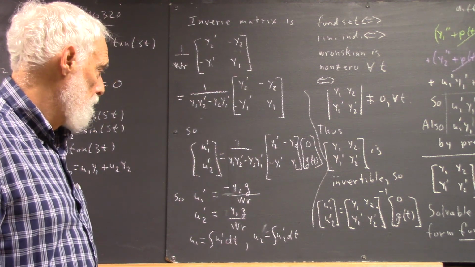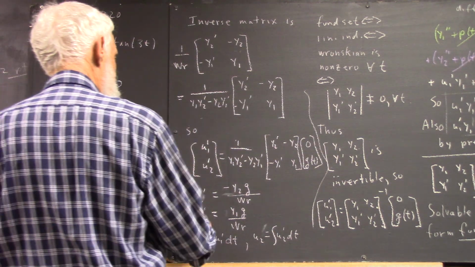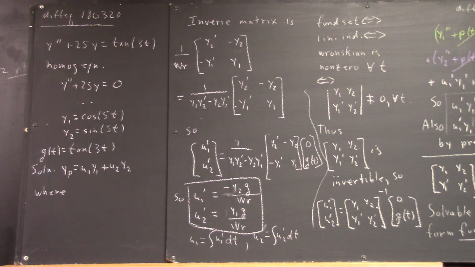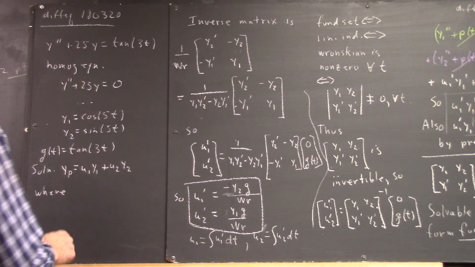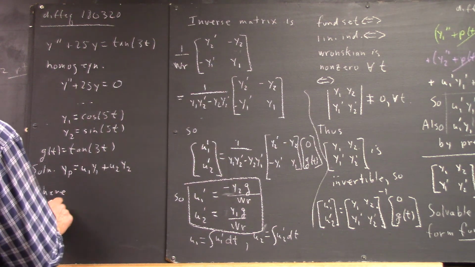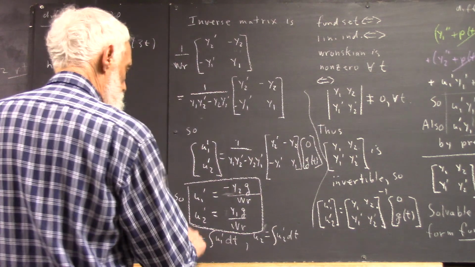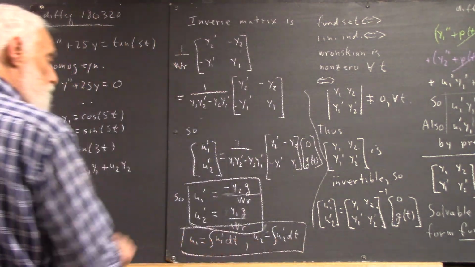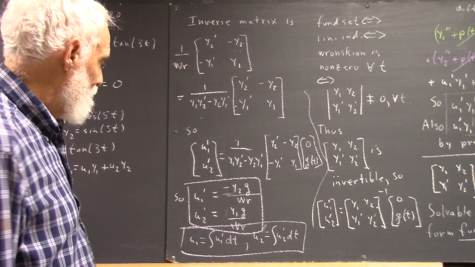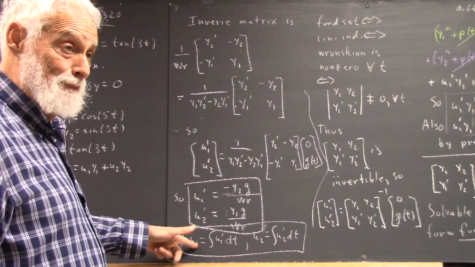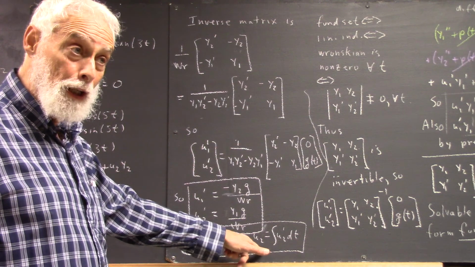But what it comes down to is this, okay? And then the final result, this. Now, if you remember this, you can get this, right? If you just remember this, you're okay.